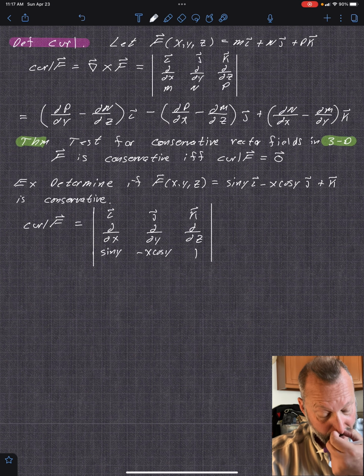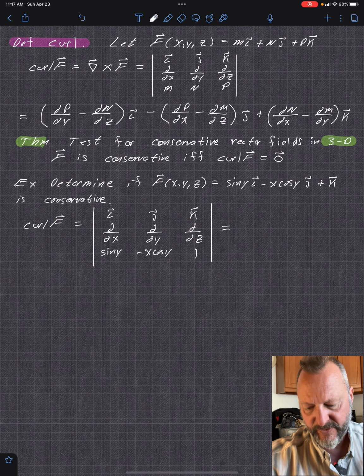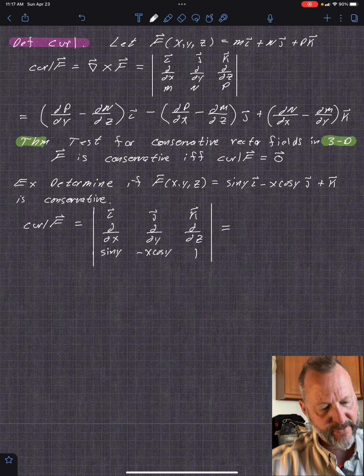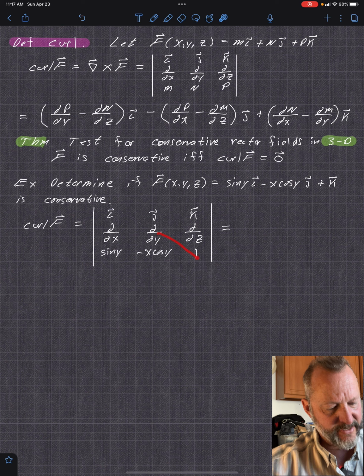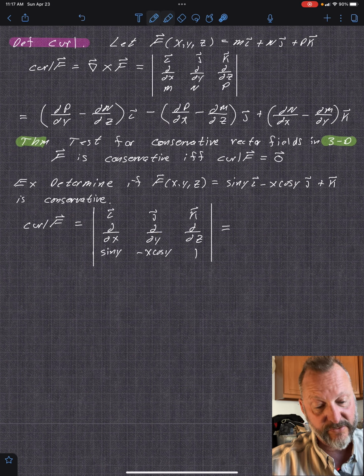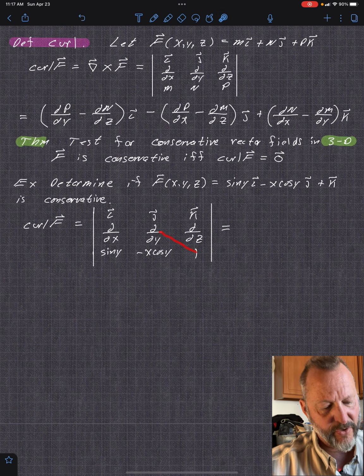So one way to do this is you take the partials as you do the calculation. So you do the partial and then you write it down. That's how I like to do it, calculating it as you go.